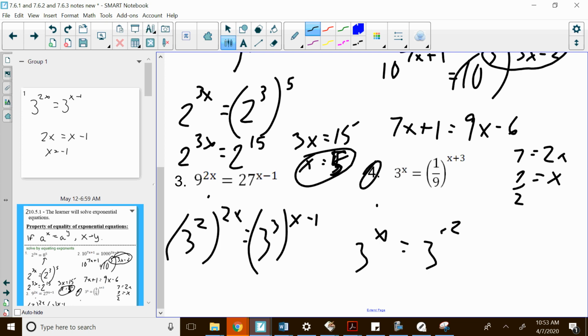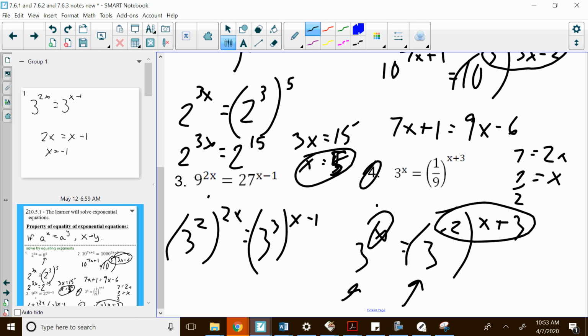It's 3 to the negative second. On occasion, it's not quite as obvious to know what to change it to, but you guys will figure it out. After you change to get the bases the same, it's just a matter of saying that their exponents have to be equal to each other.